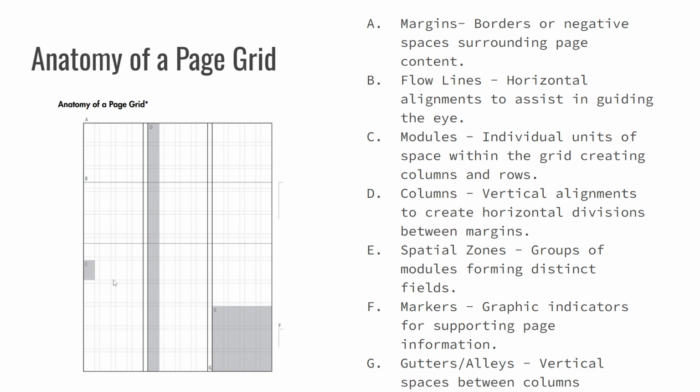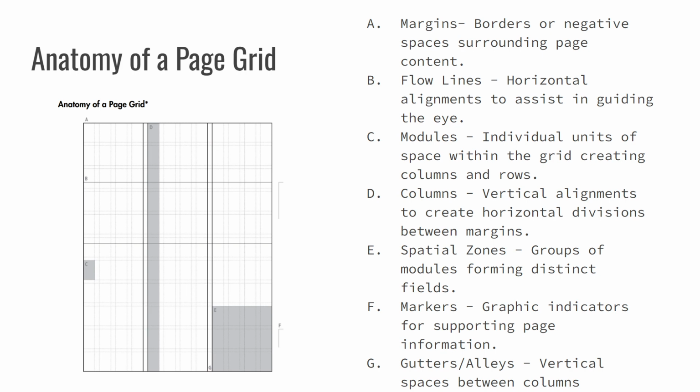D is our columns. Those are going to be the vertical, so the up, down. And E is the spatial zone.